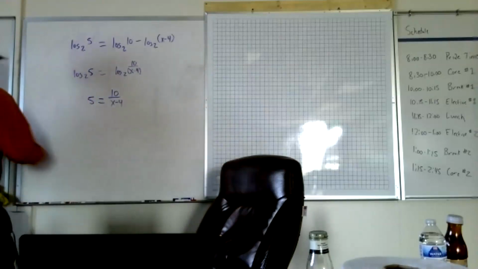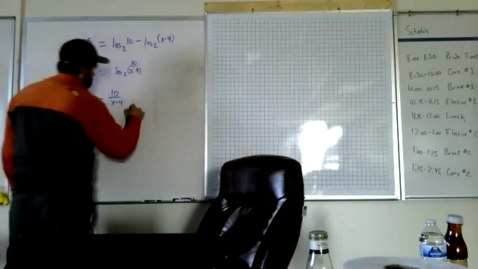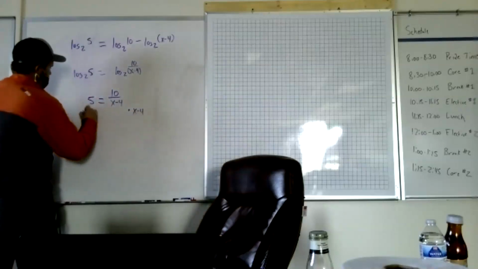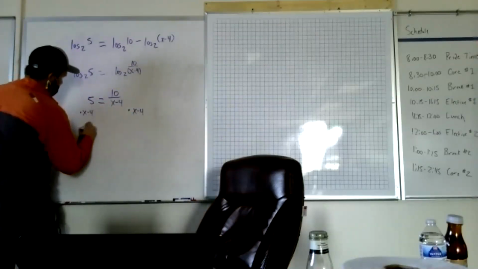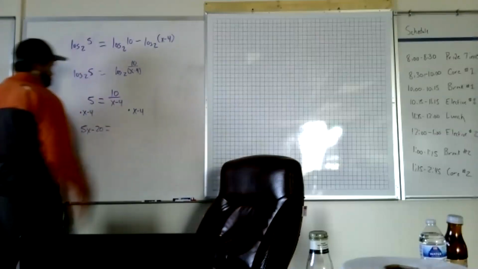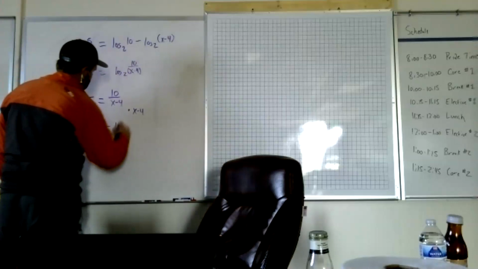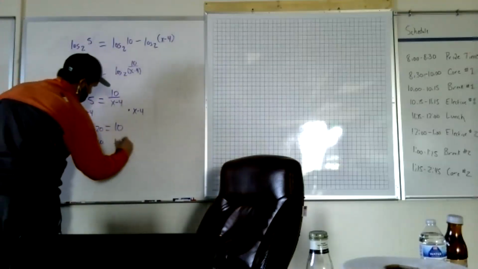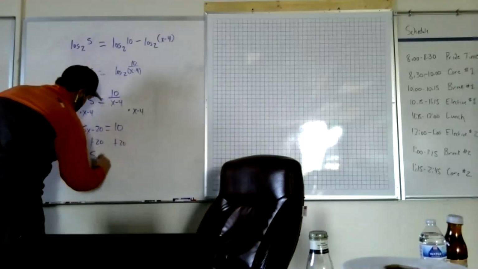Okay, now I solve for x. So I multiply both sides by x minus 4. On this side, I get 5x minus 20 after the multiplication, which is equal to 10. Plus 20 on both sides gives me 5x is equal to 30.